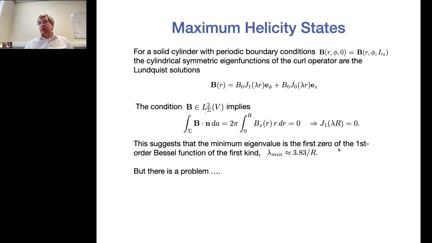So lambda times R has to be the first zero of the first order Bessel function.